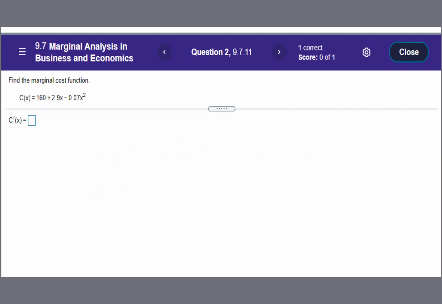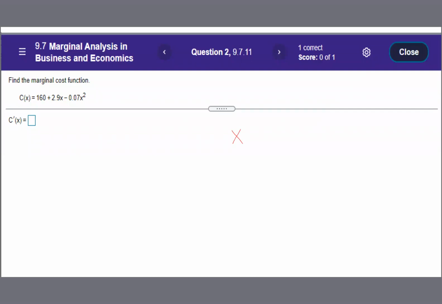Here we have another example. We're asked to find the marginal cost, and the marginal cost is the first derivative. Here again, we have a polynomial function of degree 2. Let's recall the power rule of finding the derivative.